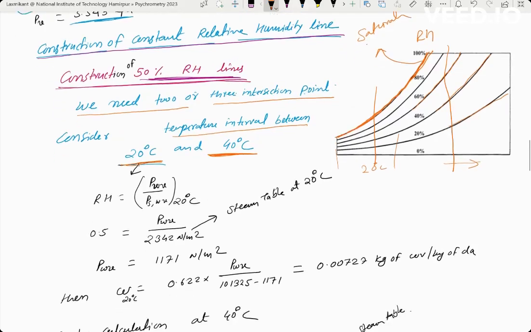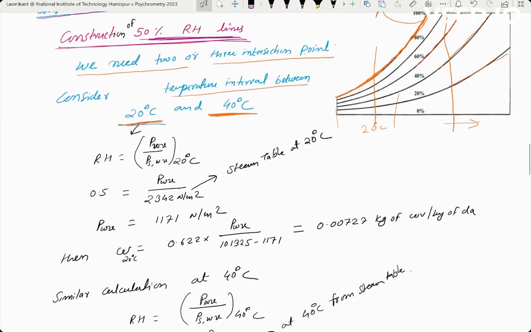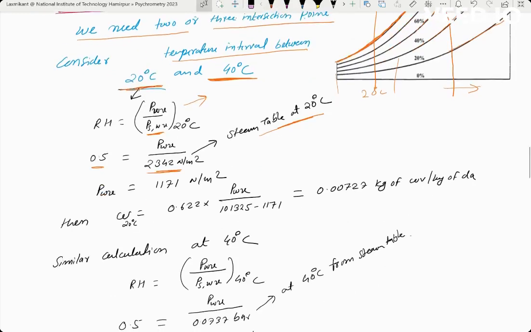Our objective is to draw the 50% relative humidity line. So we will put the formula RH equal to 0.5 times PS, the saturation pressure of water vapor, at 20 degrees Celsius. The saturation pressure of water vapor from the steam table at 20 degrees Celsius is 2342 Newton per meter square. From this we can get the vapor pressure of water, that is 1171 Newton per meter square.